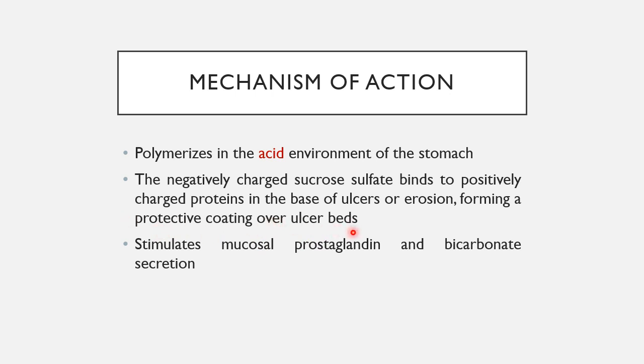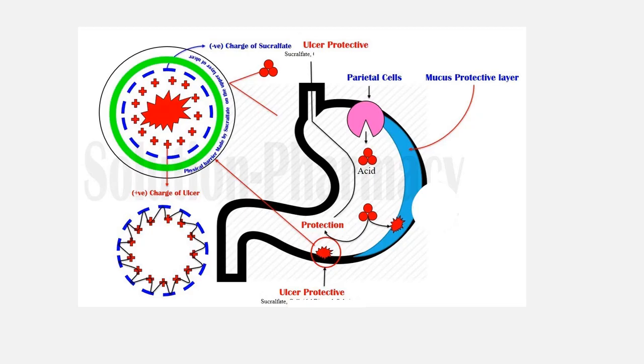Clear? It also stimulates mucosal prostaglandin and bicarbonate secretion. And this drug is given 4 times a day. So let's see its mechanism of action. When the drug is given, it forms a protective coating over the ulcer. And how is it forming the protective coating?